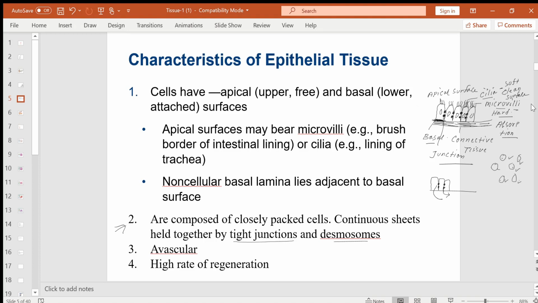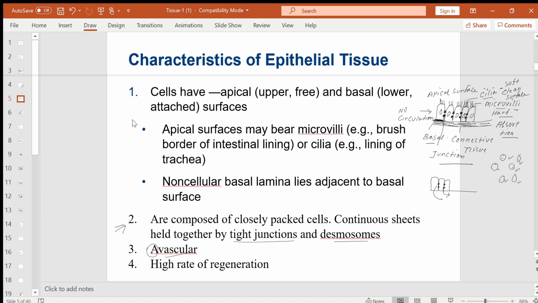Epithelial tissue is avascular. A means absence, vascular means blood vessels. So no blood vessels or blood circulation is present in the epithelial tissue. No circulation of blood, avascular. Then the question is how the epithelial tissue gets nutrition and oxygen, right?